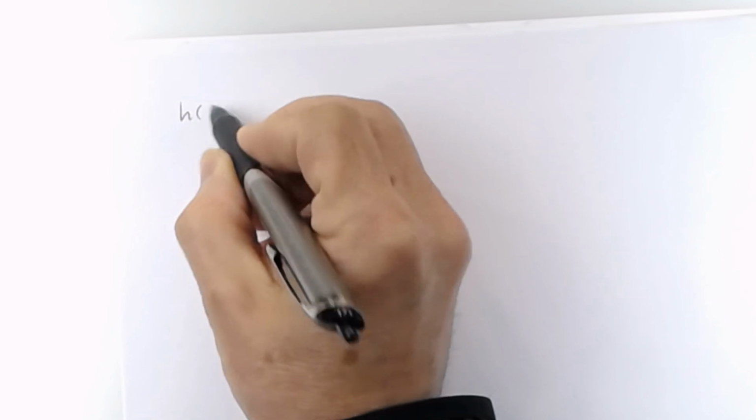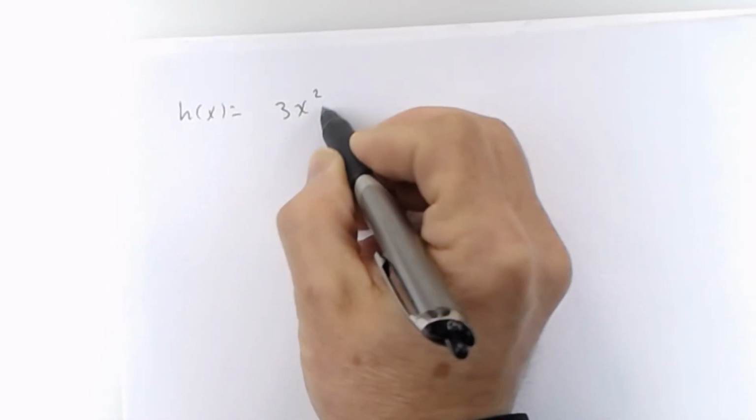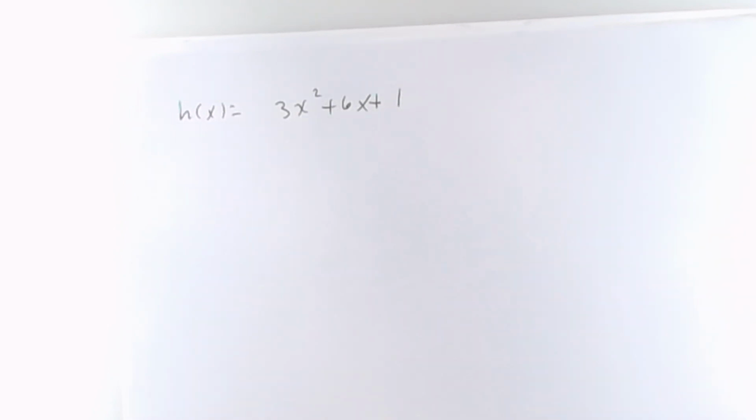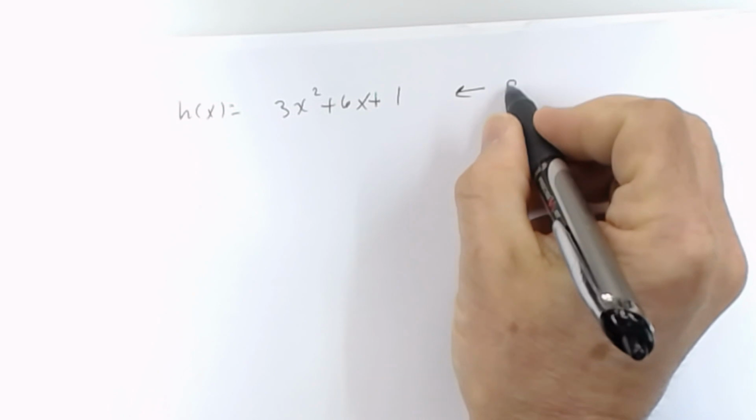Okay, h of x equals 3x squared plus 6x plus 1. What form is this? General form.